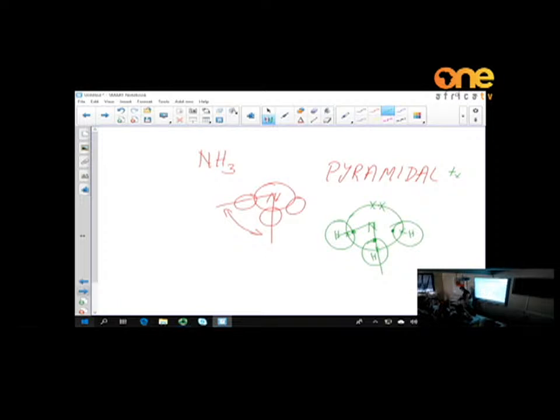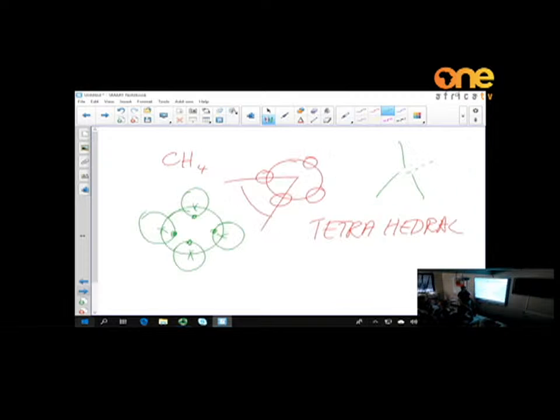And the last one, tetrahedral one, methane, the bond angle is 109.5. I always confuse them. They shouldn't, no. If they do, it can be an unknown compound XY4. Similar formula, it's going to be tetrahedral.